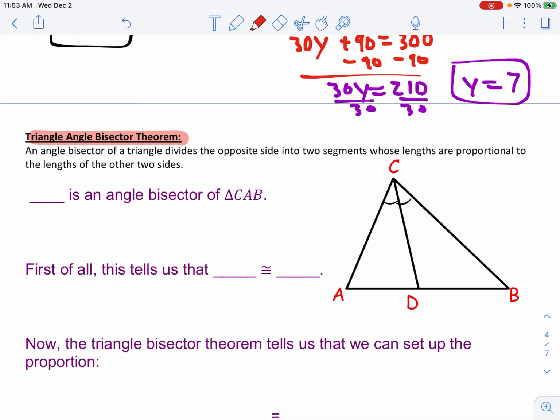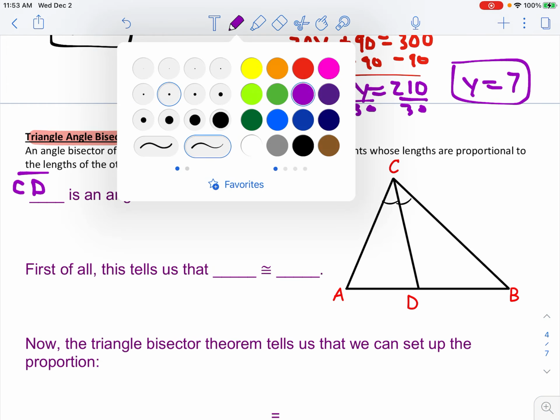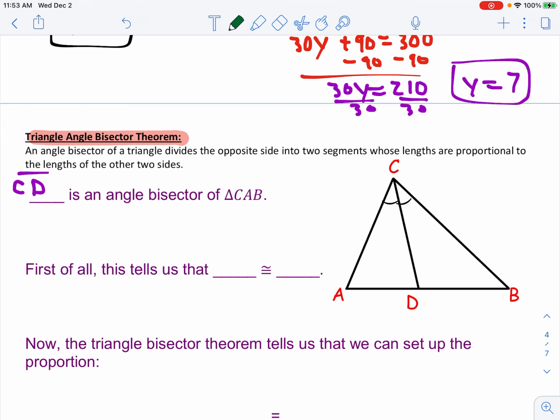All right, in this picture, CD is the angle bisector. Notice the curls in our picture split those into two equal angles. So angle ACD has to be equal to angle BCD.